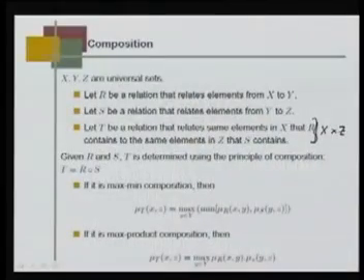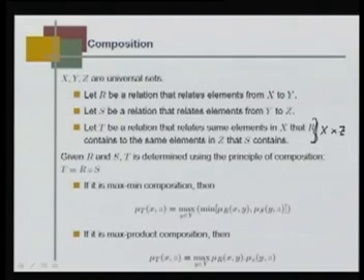Given R and S, T is determined using the principle of composition, where T equals R composition S. This composition can be found out by two methods. One is max-min composition, another is max-product composition.